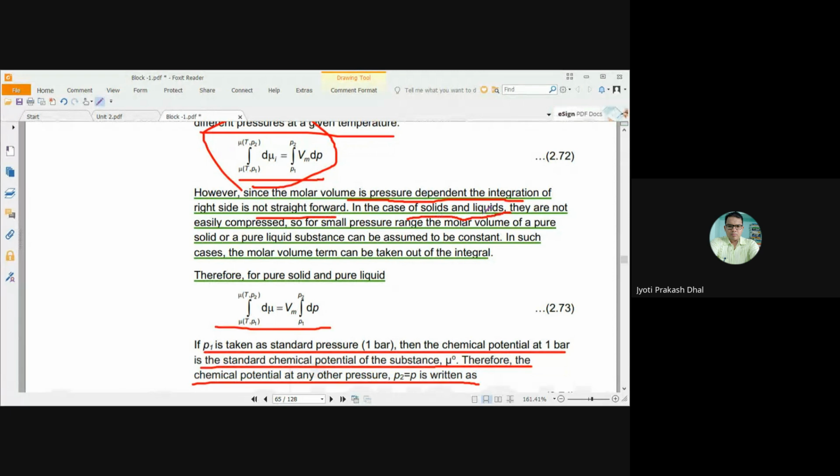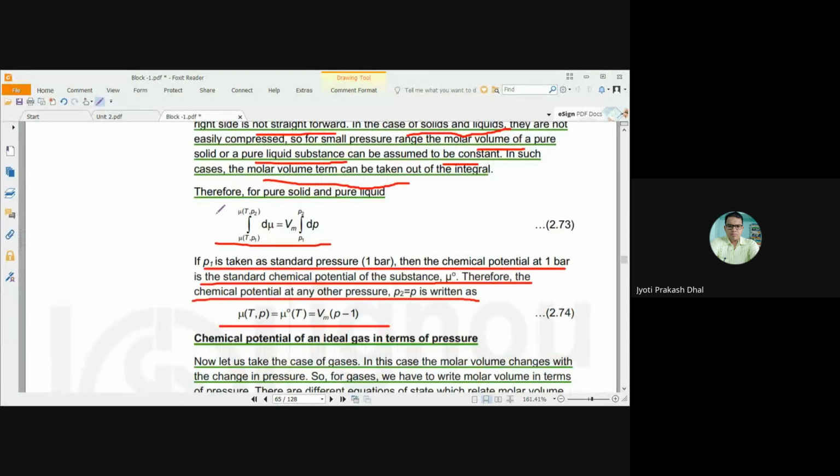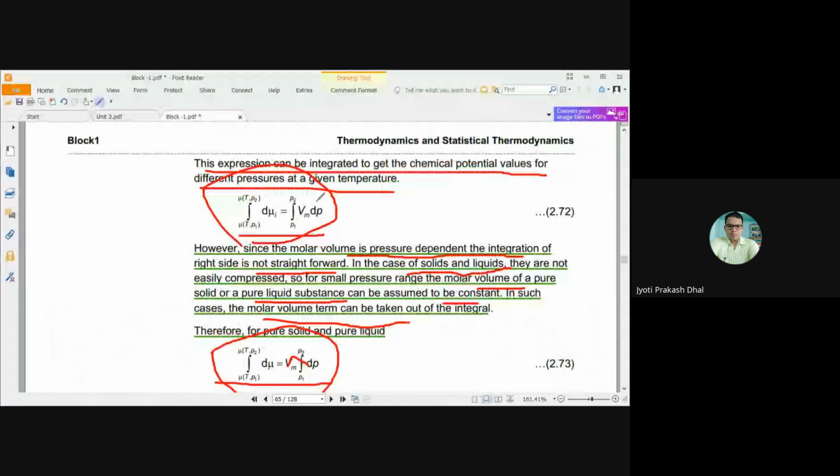So for a small pressure range, the molar volume of a pure solid and pure liquid substance can be assumed to be constant. In such cases, the molar volume term can be taken out of the integral. But for a gaseous substance, there will be a change in molar volume with respect to change in pressure, so that will be inside the integral.